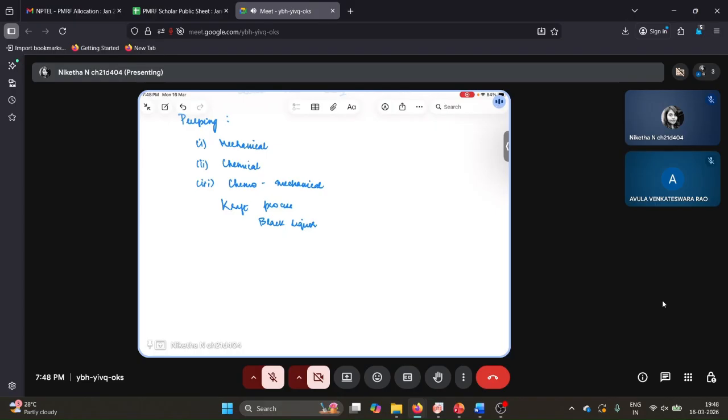During the Kraft process, some harmful substances like dimethyl sulfide and methyl mercaptan are released.